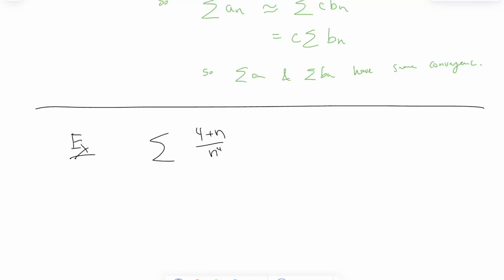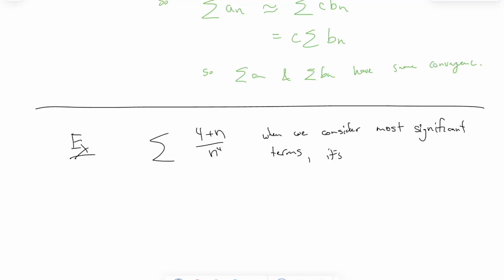The basic strategy here is to consider the most significant terms. By that I mean something like the biggest powers on the top and on the bottom. There's a little finesse to this. You have to get a feel for how you're generally going to approach these.